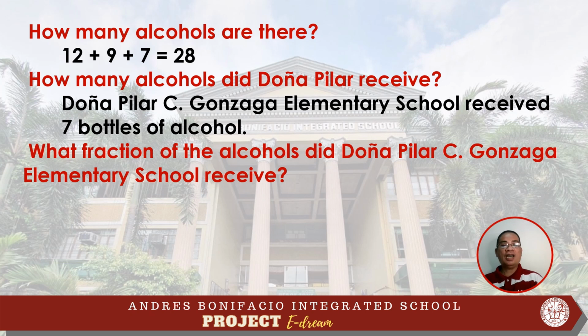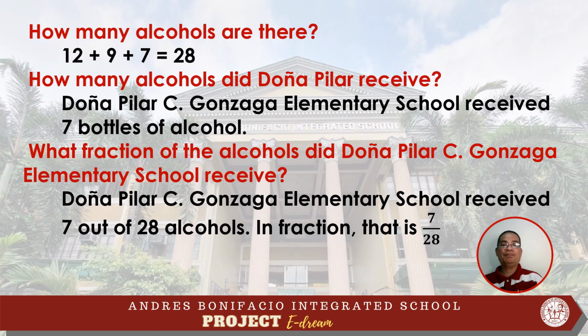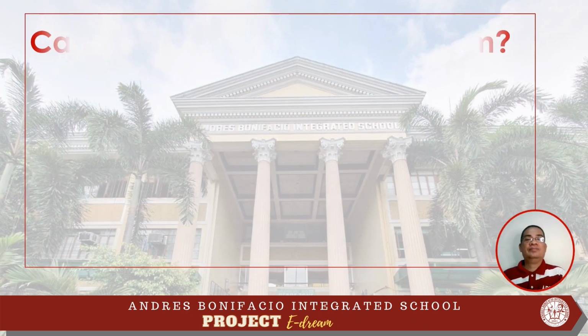What fraction of the alcohols did Doña Pilar C. Gonzaga Elementary School receive? Doña Pilar C. Gonzaga Elementary School received 7 out of 28 alcohols. In fraction, that is 7 over 28.